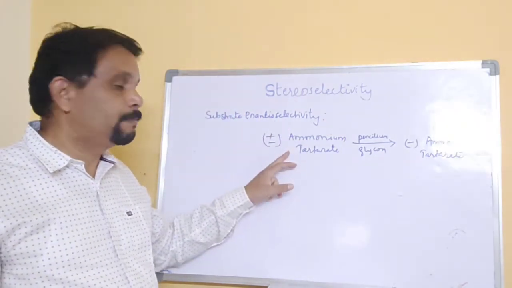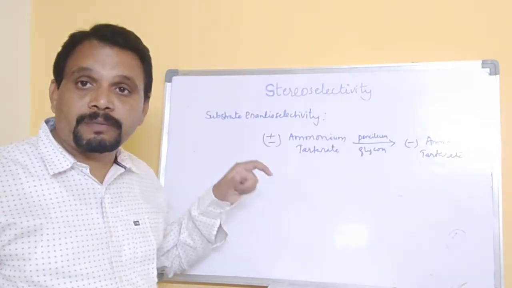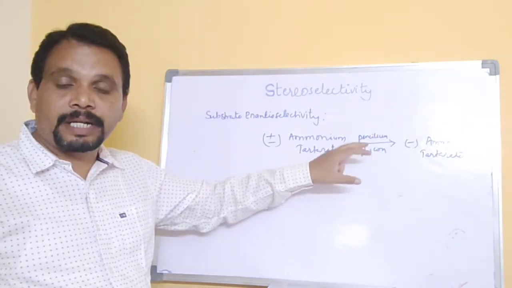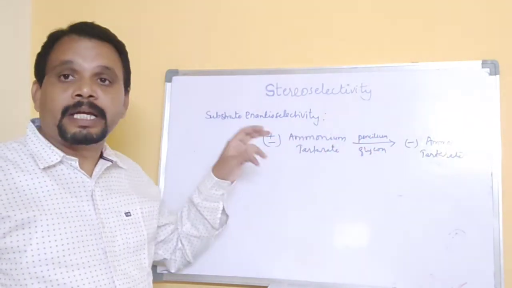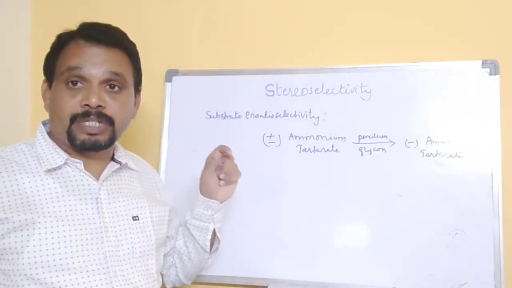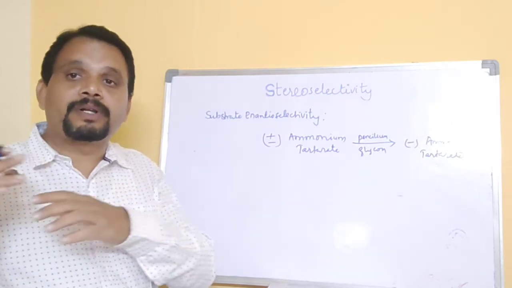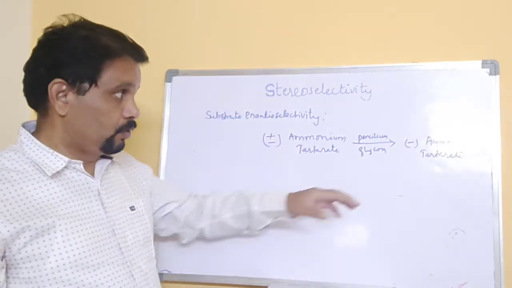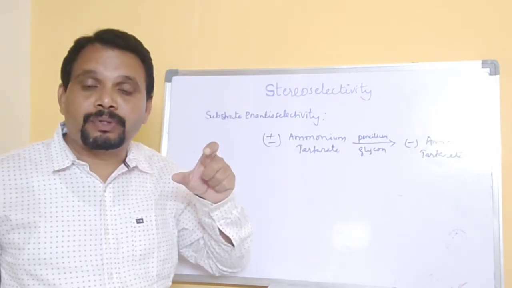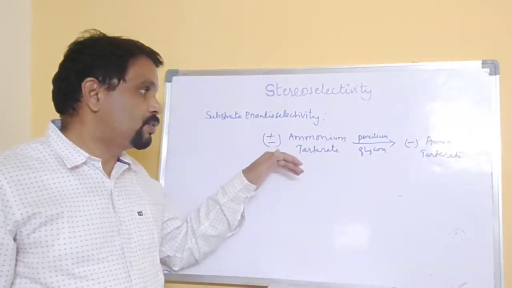In this substrate there is a mixture of plus and minus ammonium tartarate. We are using the penicillium glycol reagent, which reacts exclusively, preferably, with the plus ammonium tartarate enantiomer and gives the corresponding product, so that the minus enantiomer is separated from the mixture.